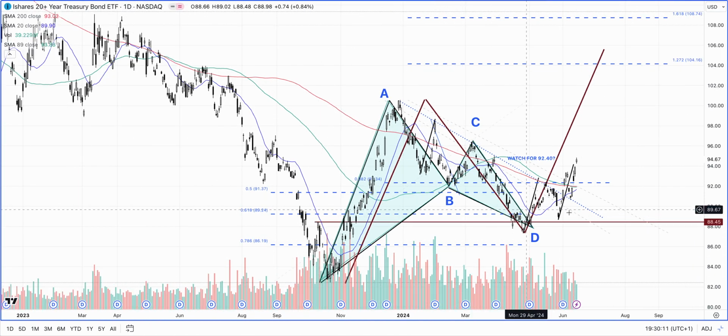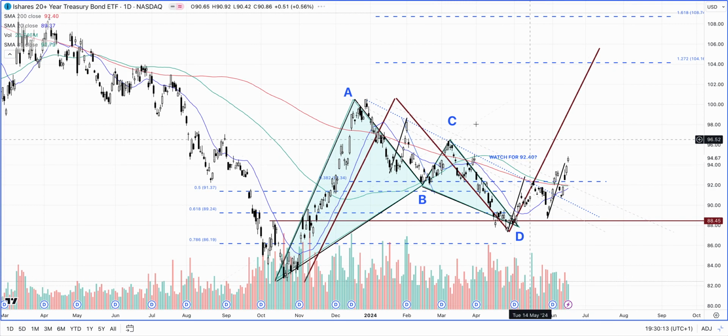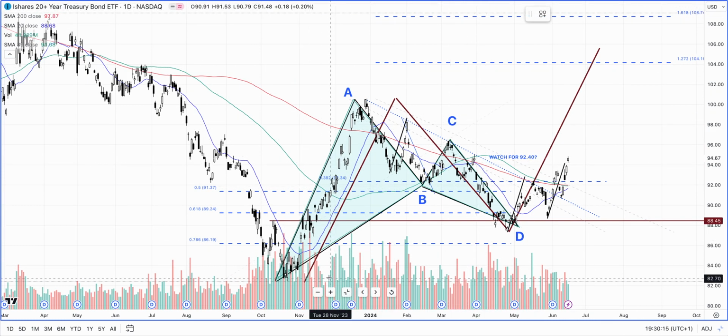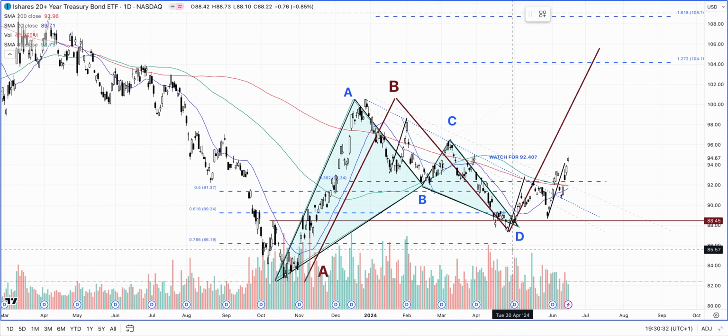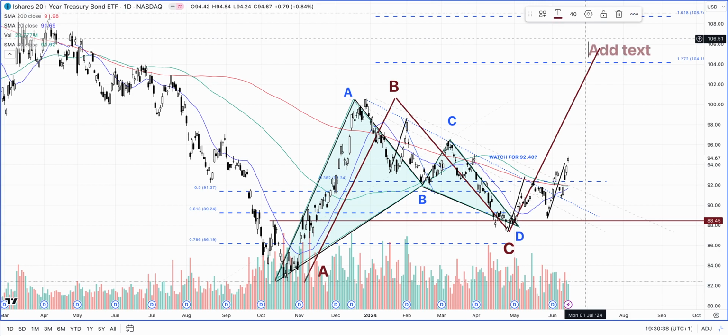I've not drawn the retracement, just watching this one. Let me also label it while we are here. So this is going to be A. Let's move it here, and then in the brown cycle we have B, and then we have C, and then we'll have the USD.